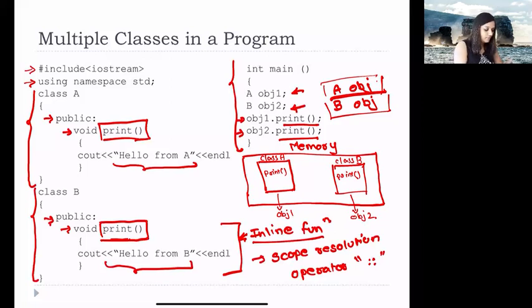The memory addresses that store class A are different from the memory addresses that store class B. So it doesn't matter if the functions have the same name, because in spite of the same name, they have different addresses. And that's what matters to us.